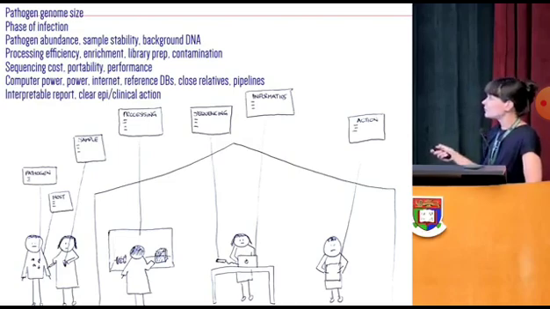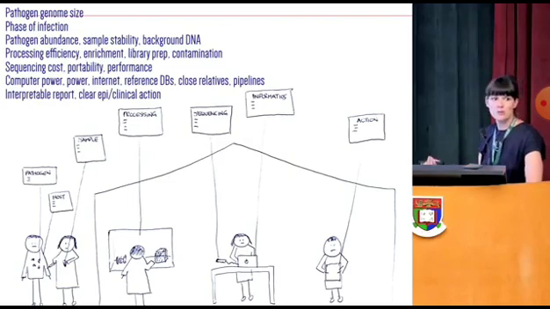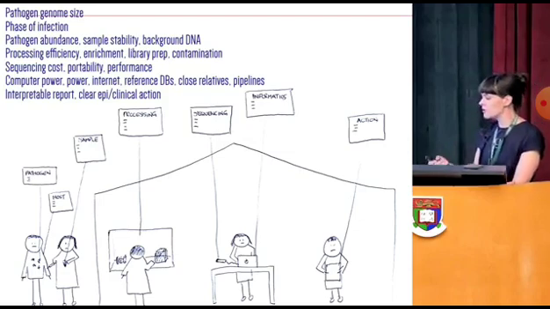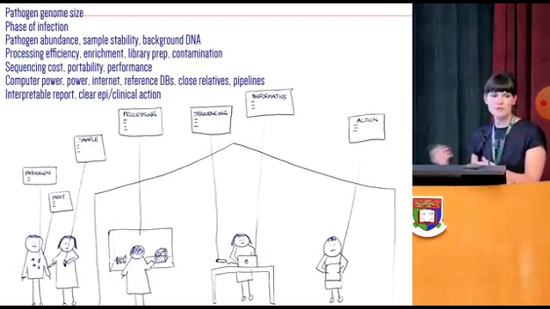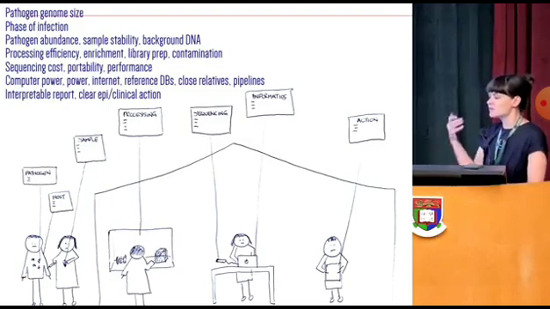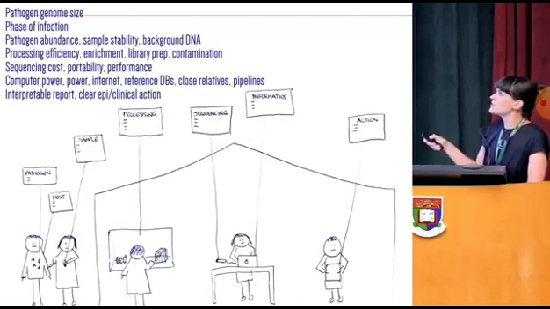And at the end, with all this genomic data, are you able to generate some sort of interpretable output, no matter who your end user is, whether it's the clinician, whether it's the epidemiologist working in the field, and do they see from that report what action they should take? And in terms of these challenges, there's not a lot that we can do about the first two.